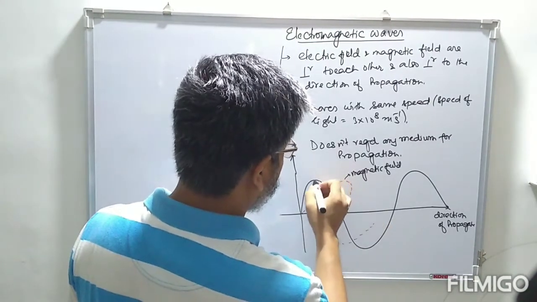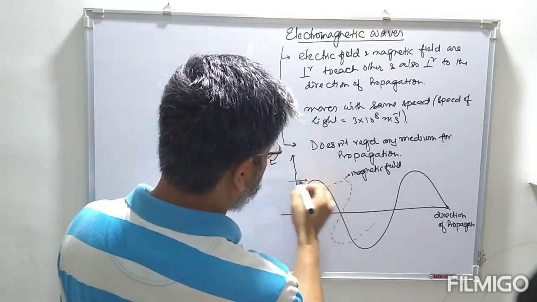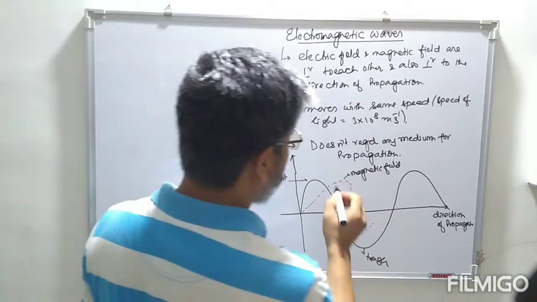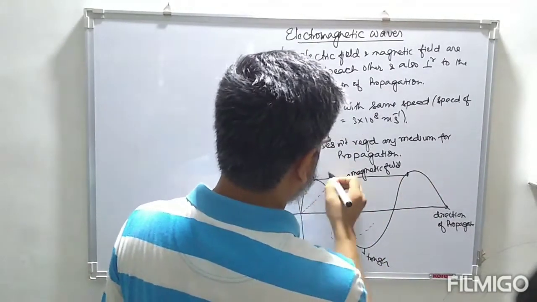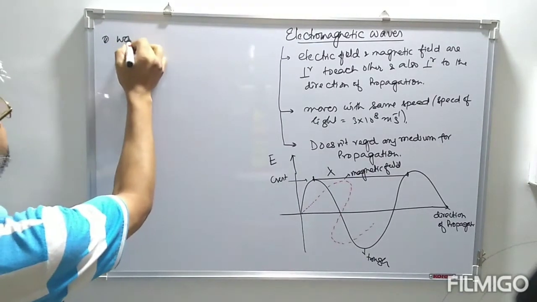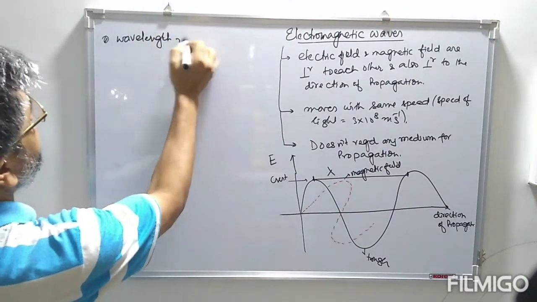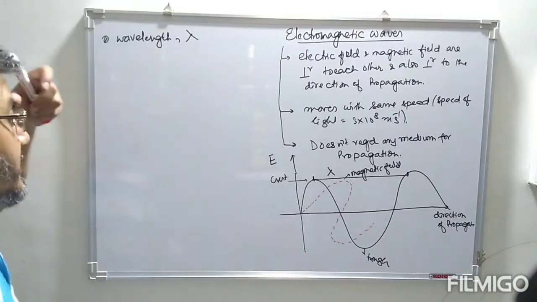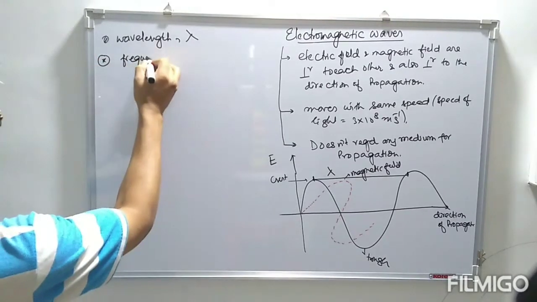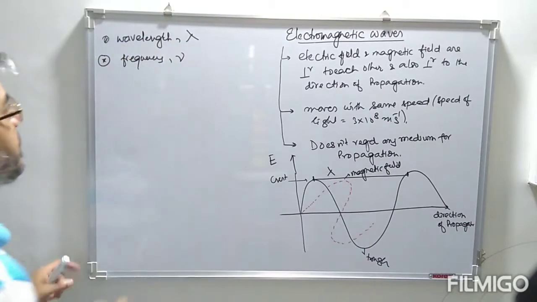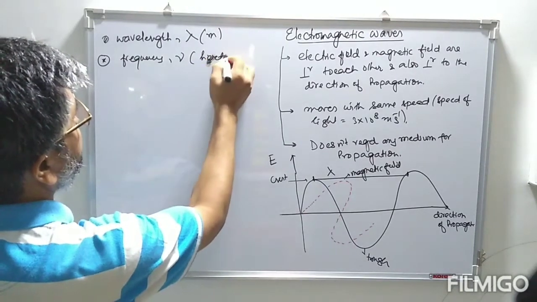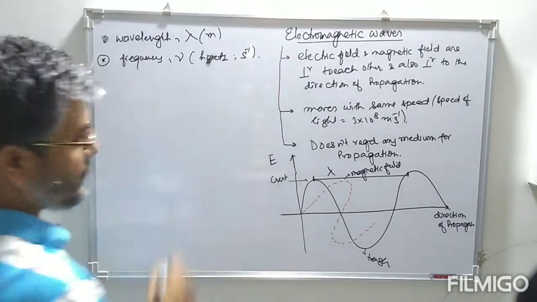This is the crest, this is the trough. The distance between any two adjacent crests or troughs is defined as the wavelength, denoted by lambda, measured in meters. It will also have a frequency, denoted by nu, measured in hertz, that is second inverse.